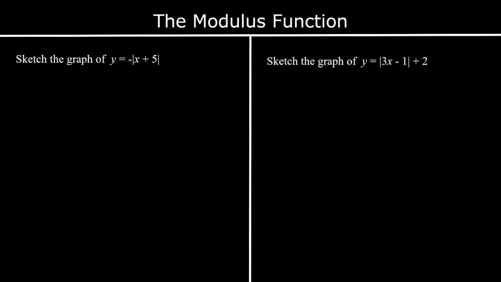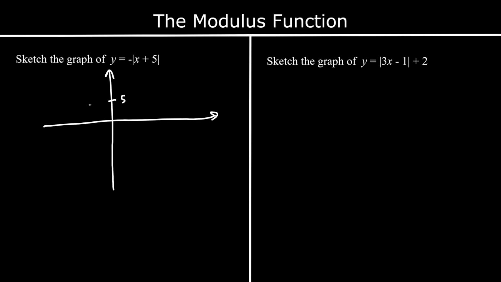Here's another graph. Sketch the graph of y equals negative 1 times the modulus of x plus 5. So what does that look like? I'll start with just y equals x plus 5.